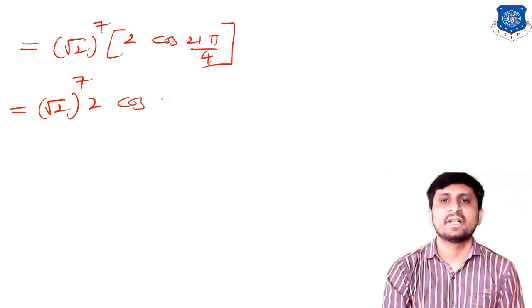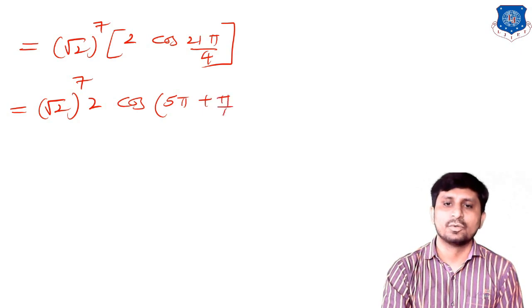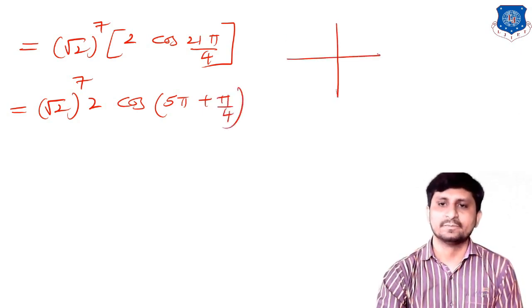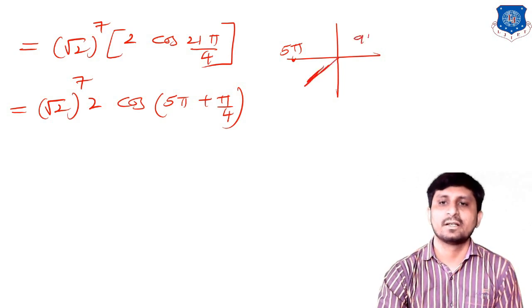Now this 21 pi by 4, I can write as 5 pi plus pi by 4, okay. So 5 pi and plus pi by 4, that means you have to go anti-clockwise. So now you are in the third quadrant. And we know that in the third quadrant only the tan function is positive, all, sin, tan, cos.